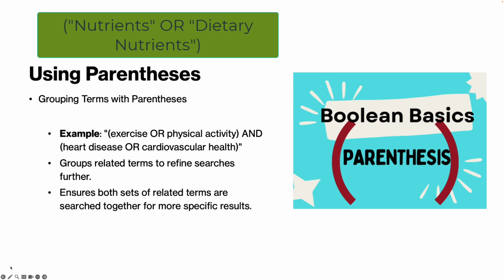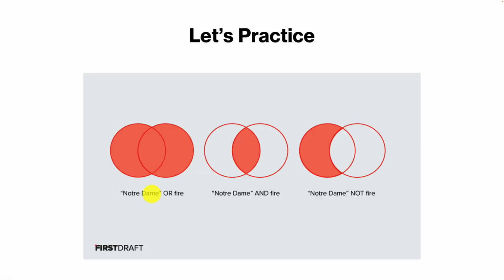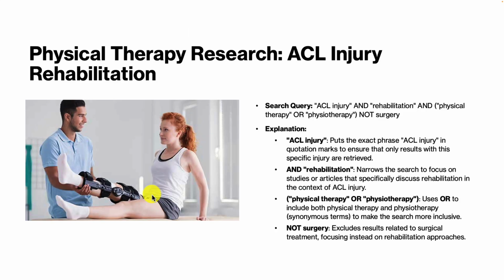Let me give you guys some examples. Okay, so let's practice this with a lens on it that is related to your specific type of science. So let's say we're talking physical therapy or rehabilitational sciences, and I want to do an inquiry on ACL injury and rehabilitation. So here's my search query that I can put into PubMed, right?